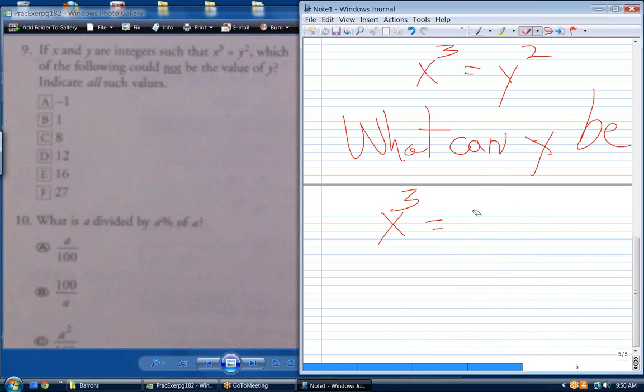How about 16 cubed? No, oops, excuse me. 16 squared, yeah, that's 256. So y squared is 256, which means is x cubed 256? Does that work? Let's see. You said that 6 cubed was equal to 216.